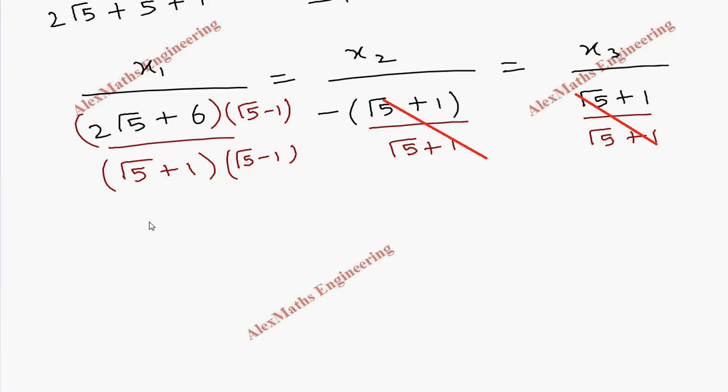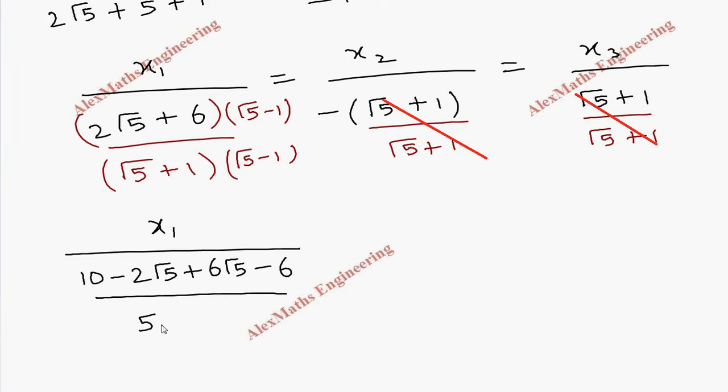Now the first part x1 by, we have to multiply 2 root 5 into root 5, so 2 into 5, which is 10, minus 2 root 5 plus 6 root 5 minus 6. The denominator is a plus b into a minus b, a square minus b square, which is 5 minus 1, and the second part is minus 1 and the third part is plus 1.